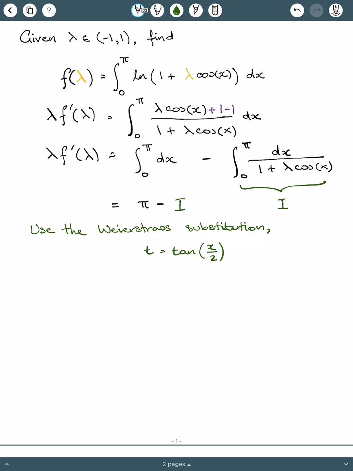Now I won't go through the details, but you can show that cos x is (1 minus t squared) on (1 plus t squared). Okay, and dx is 2 dt divided by 1 plus t squared.